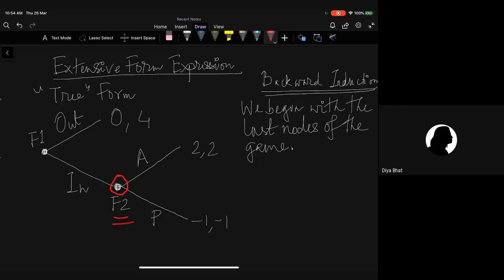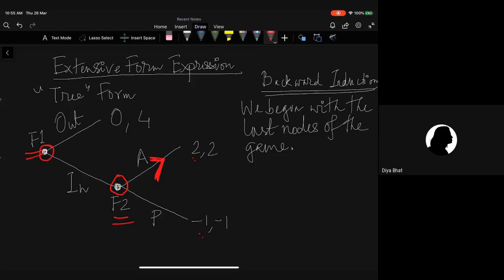If firm 2 could decide sitting on this node which action would be optimal for itself, it would definitely choose A, because A gives a payoff of 2 as opposed to -1 from P. So firm 2, if it could move here, would choose A. Both firms know that if firm 2 could move there on the last node, it would choose A. Knowing that, let's go back to the previous node where F1 is moving. So let's come to this node.